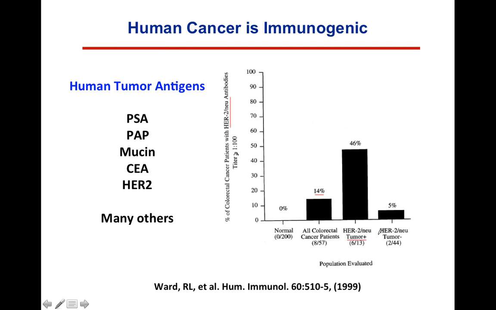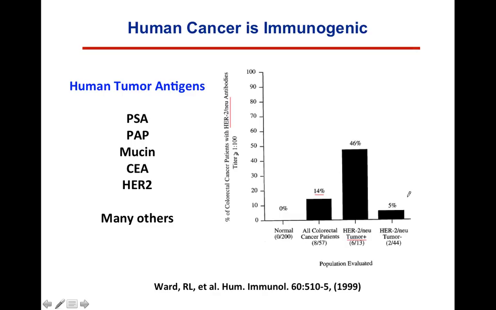And if we look at patients in which their tumors don't express this antigen, and that is true in some cancers, even though they're the same cancer, they may be deficient in the antigen, almost none, only about 5%, produce antibodies to HER2/neu, probably meaning that at one point they did express this antigen, but have gotten rid of it. And so it's true that tumors can evolve and eliminate things, or suppress the immune response, so that they can eliminate the potential for antibody development.